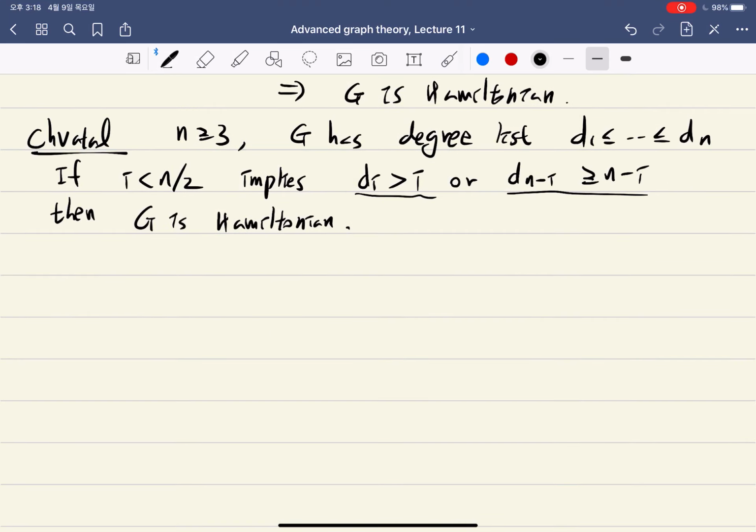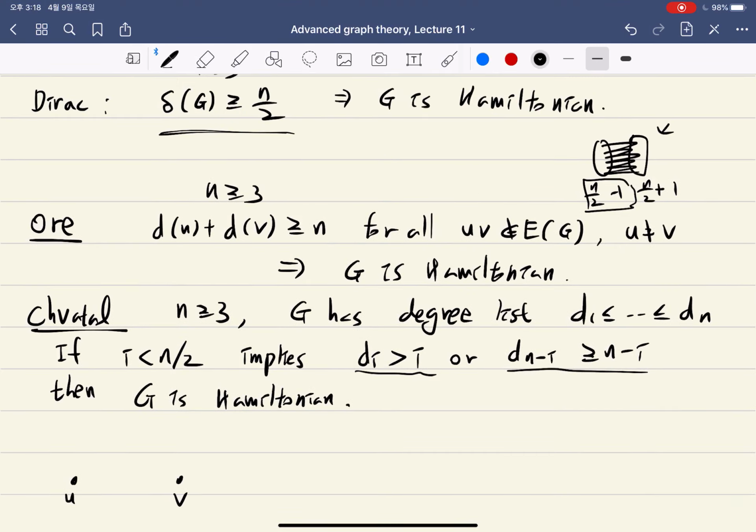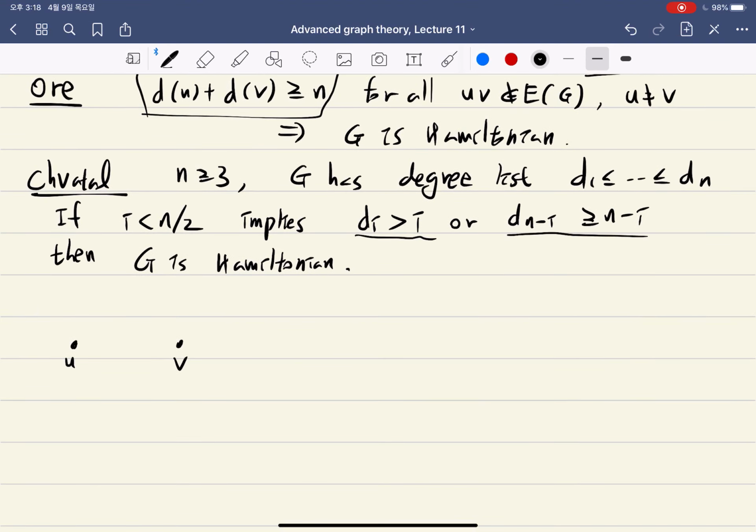So in undergraduate graph theory, we proved this by using the concept of closure. Essentially, if we have two vertices u and v that are not adjacent and their degree sum is at least n, then we add an edge.